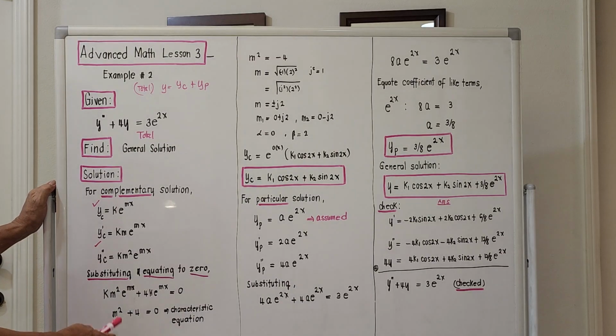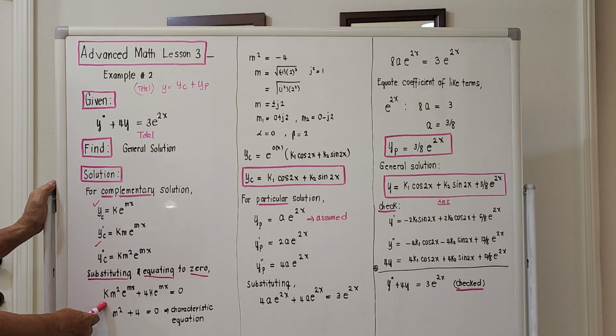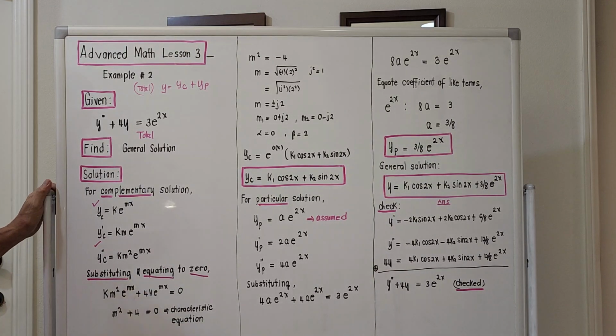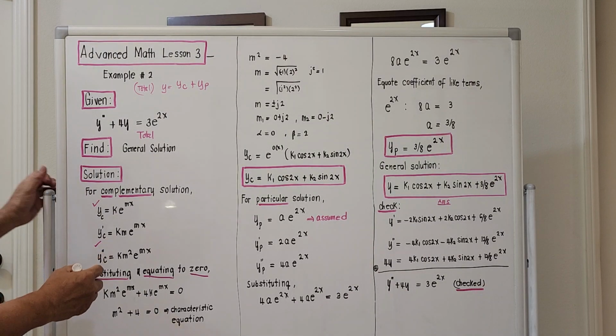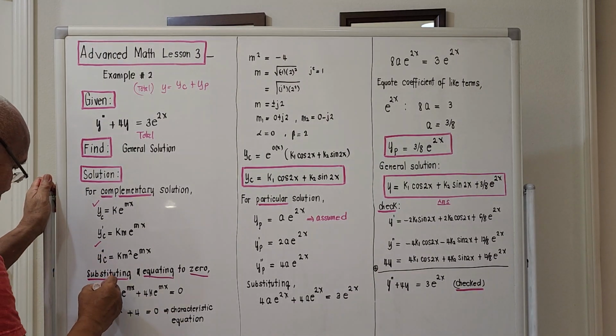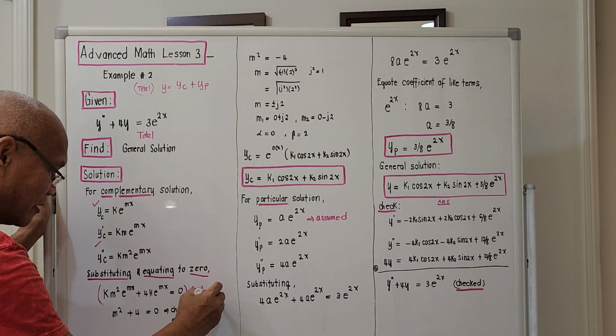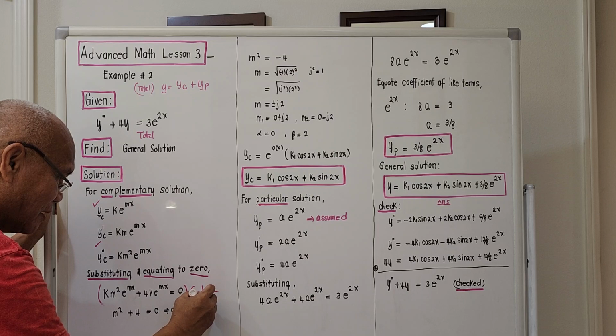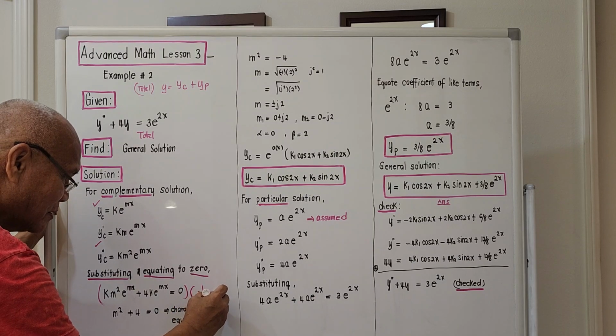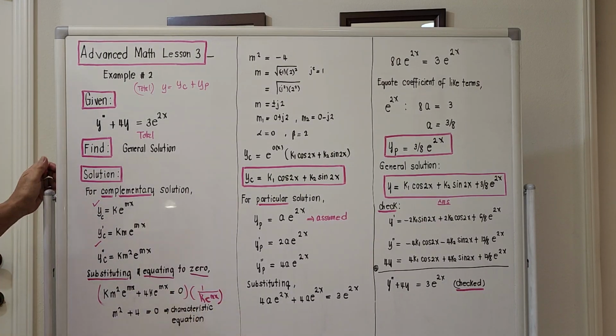Okay? So what comes out will be km squared e to the mx plus 4k e raised to mx, and this should be equal to 0. For the simplification of this, to eliminate the common terms, we multiply all the terms by 1 over k e to the mx, right?